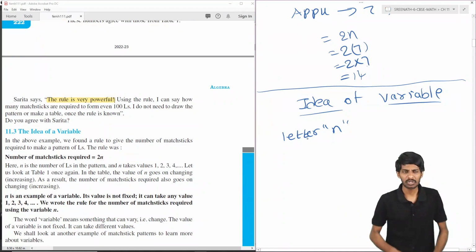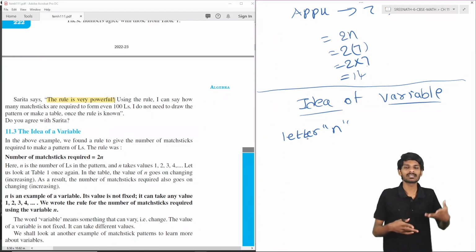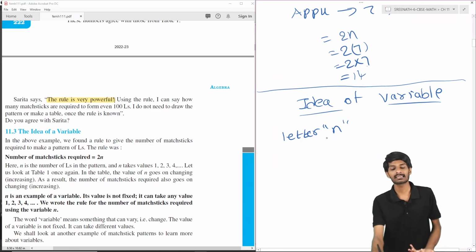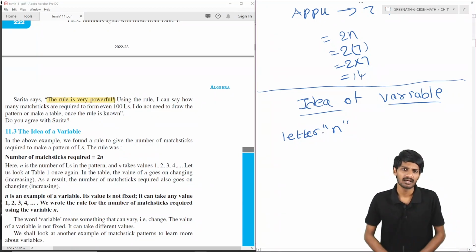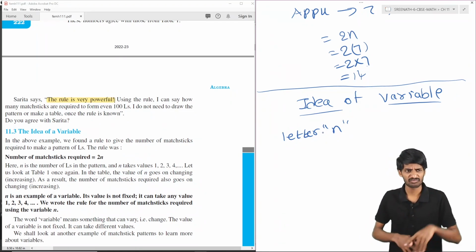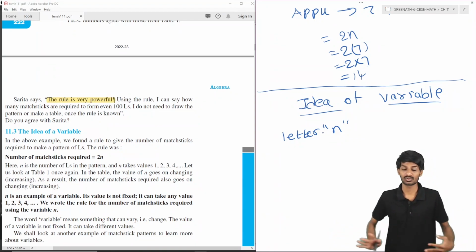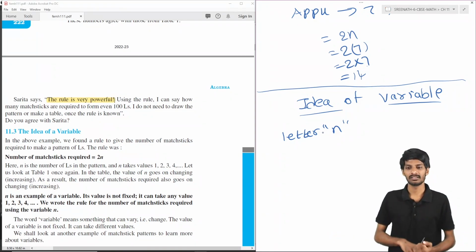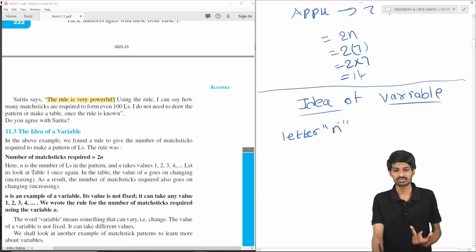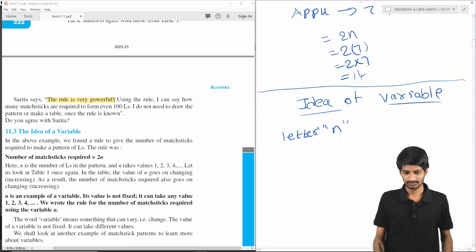With a number, you can only tell the matchsticks required for 7 L's. But with a letter n, you can tell the matchsticks required for any number. That is the advantage of using the letter n, students, which we call a variable.